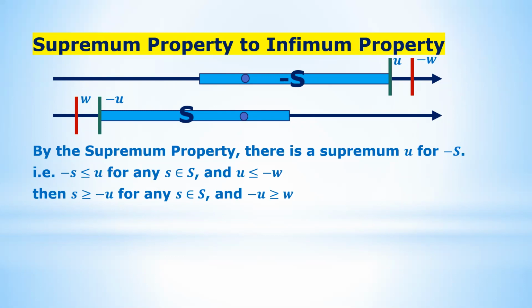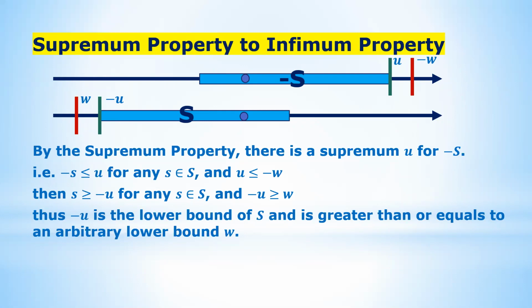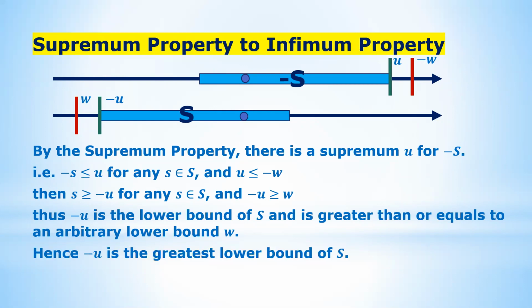And these two new inequalities simply tell us that minus u is a lower bound of S. We're not talking about minus S, we're talking about S. It's a lower bound of S, and it is greater than or equal to the arbitrary lower bound w. w is an arbitrary lower bound. So they simply say that minus u is the greatest lower bound of S. So this finishes the proof.